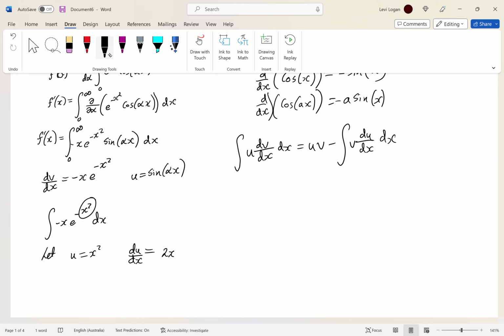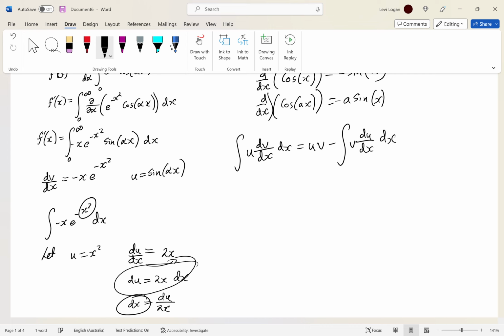Therefore, if you wanted to make this whole integral in terms of u, you could move the dx up here and have du equals 2x dx, right? So if we want to make this the subject of dx, we have dx is equal to du over 2x.